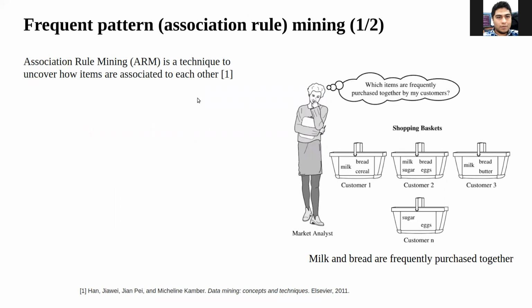Association rule mining is actually a very simple concept, which finds frequent associated item sets. For instance, in this picture example, milk and bread are associated because they frequently occur together in multiple baskets.